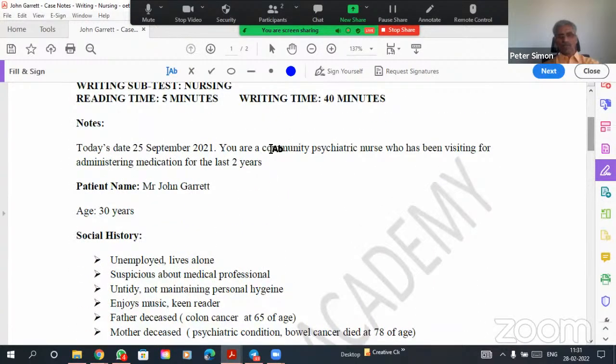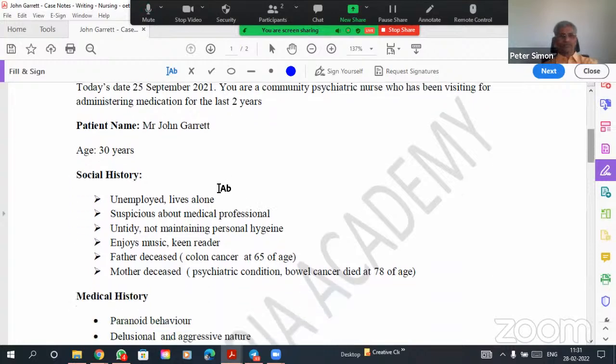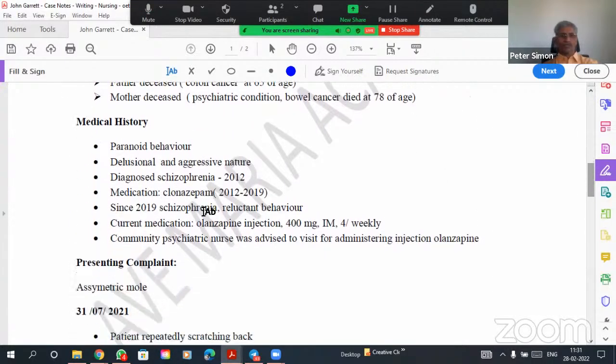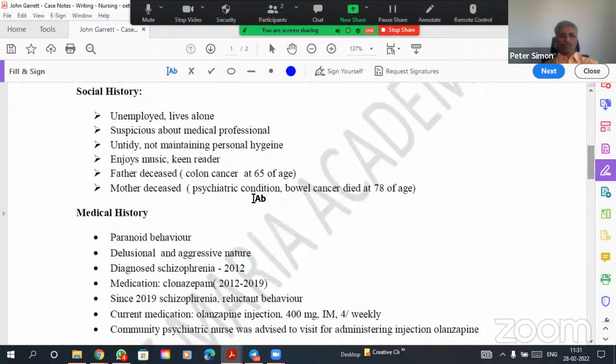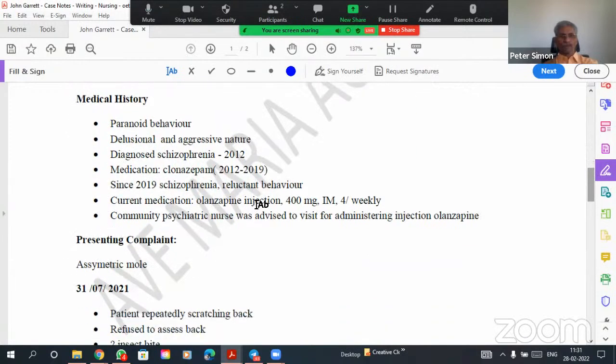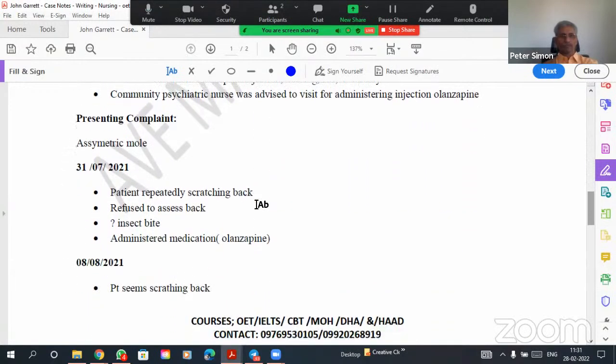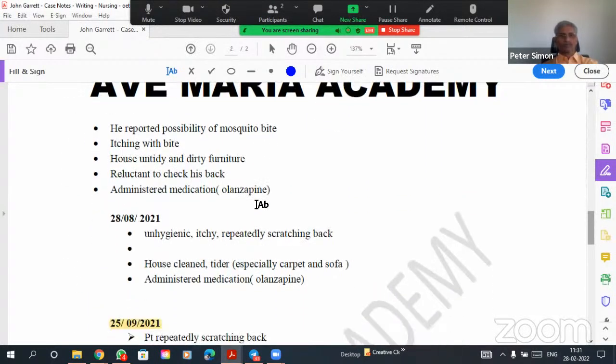You are a community psychiatric nurse who has been visiting to administer medication for the last 2 years. Okay, right. And where does he live? Which is his place? Which is his city? John Garrett. Nothing is given. Information is not there. Okay. Fine.